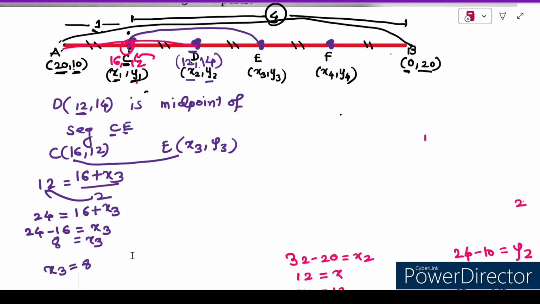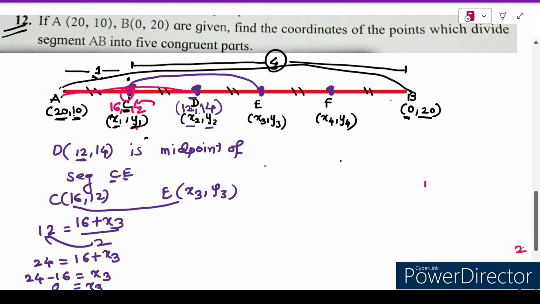Similarly we can find the value of y3. 14 is equal to (12 plus y3) divided by 2. 14 into 2, that is 28, is equal to 12 plus y3.